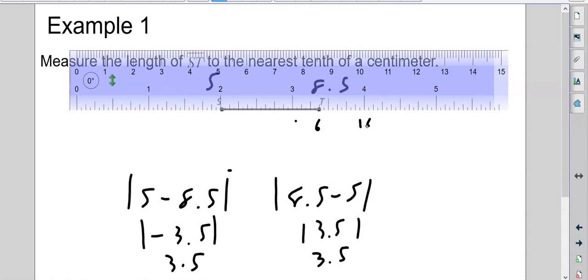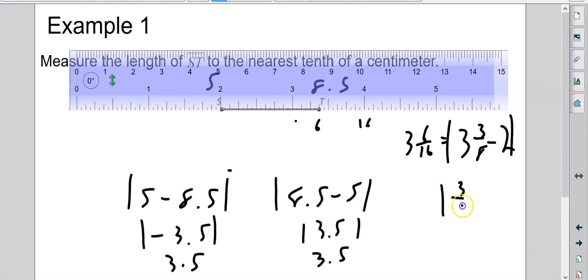So if you were doing inches, an English measurement, that would be 3 6/16, which would also be known as 3 3/8, minus 2. And we take the absolute value of that, and that would be 1 3/8. So it depends on whether we're measuring in centimeters or inches, but the concept works either way.